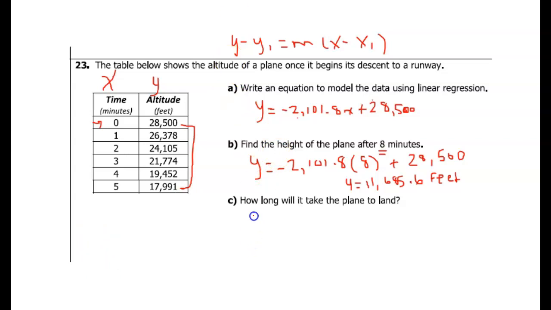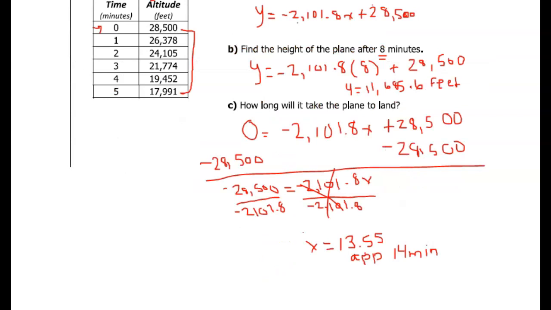When my altitude equals 0, that's when I'm on the ground. So I set the whole thing equal to 0. And I solve for x. When I solve for x, I end up with x equaling 13.55. So I know that the plane will land in approximately 14 minutes. All right, let's move along.